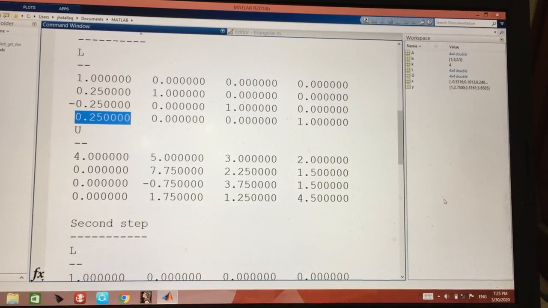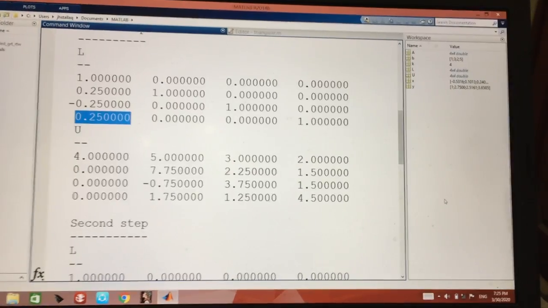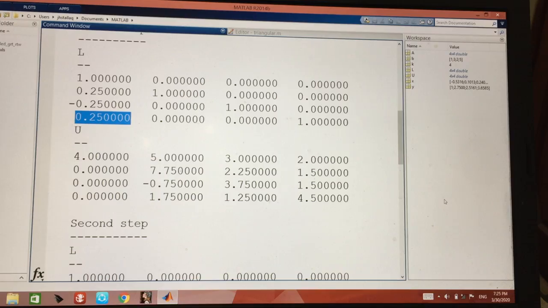Now we multiply the first row. How to get to this element here? We take the first row, 4, 5, 3, 2. If we multiply this times 1 over 4, we get 1, 5 over 4, 3 over 4, 2 over 4. We get to that.